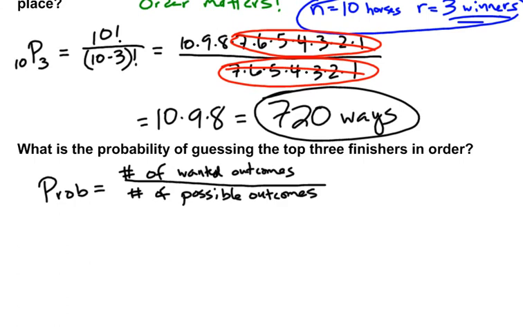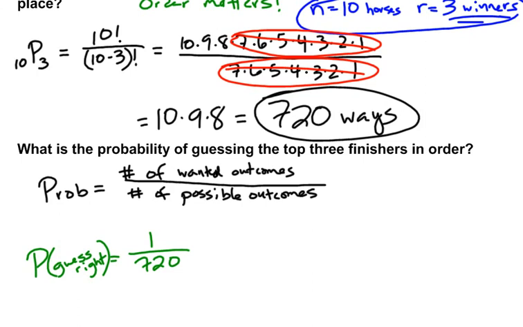In this case, the only outcome we want is the one we're going to guess, all 3 of those finishers. So there's only 1 of those. And the total number of possible outcomes we just decided was 720. So the probability we guess right would be equal to 1 over 720.